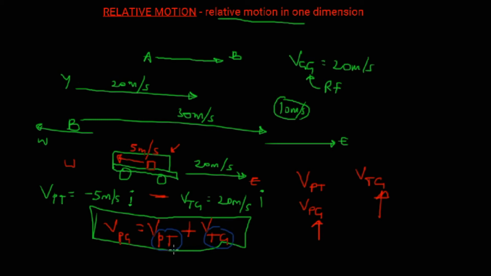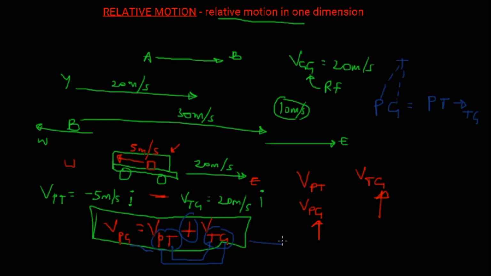If you notice, we have the subscripts P to T and then T to G. If we have P and G, that is person and ground, the subscripts go from P to a particular place which is T, and then from T back to G. So you should be able to memorize this formula, and don't forget the positive sign.